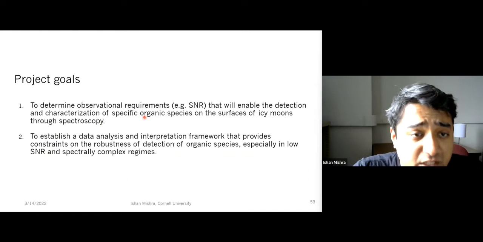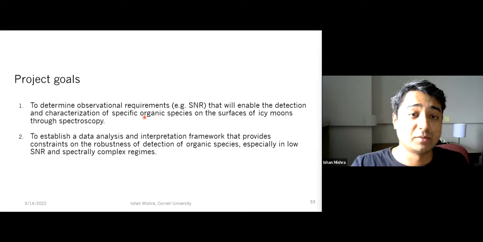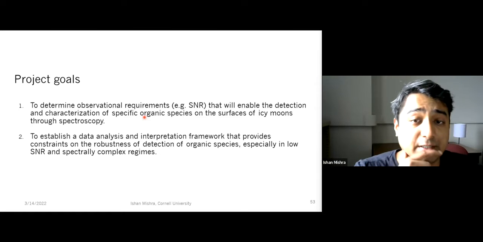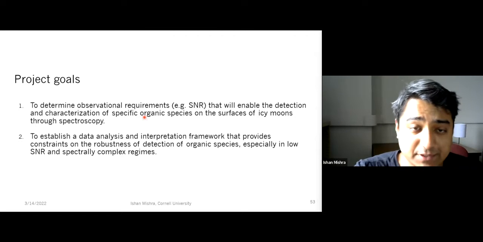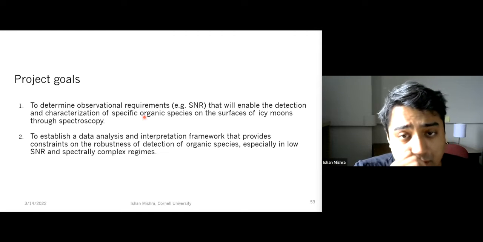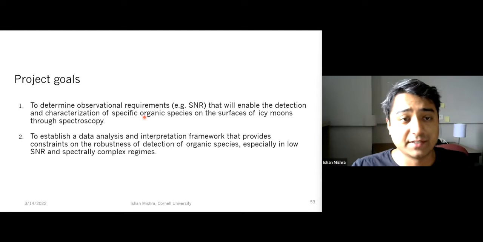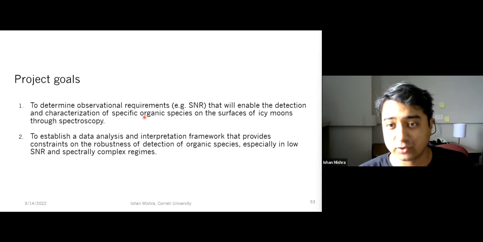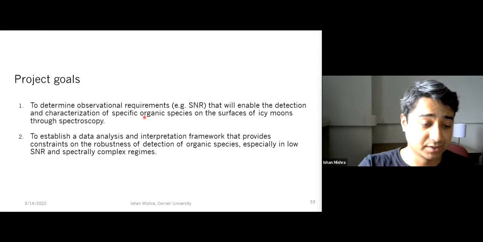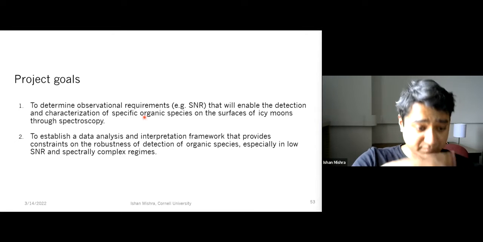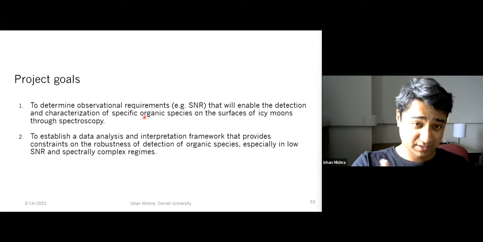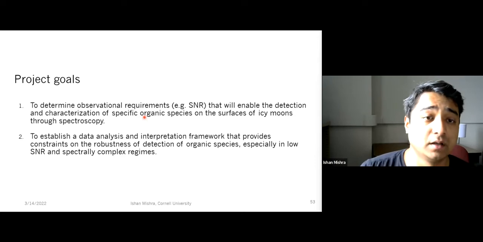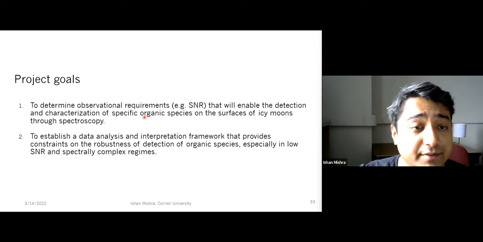So the project goals here are to determine observational requirements that will enable detection and characterization of specific organic species on the surface of Europa and, in general, icy moons through spectroscopy, with a special focus on Europa Clipper, because I'm part of the collaboration, and also because it's going to give us the best data set with the best chance of doing this.